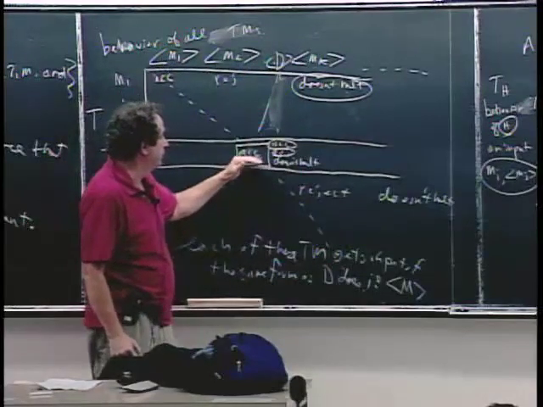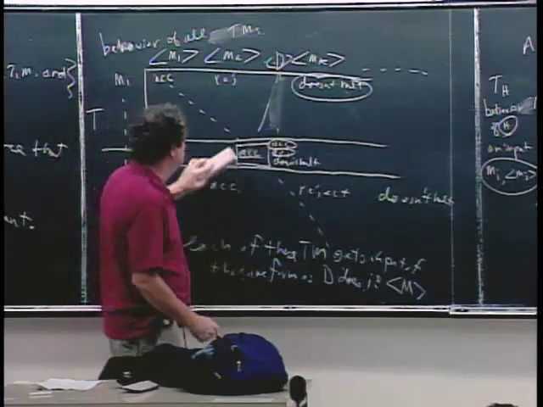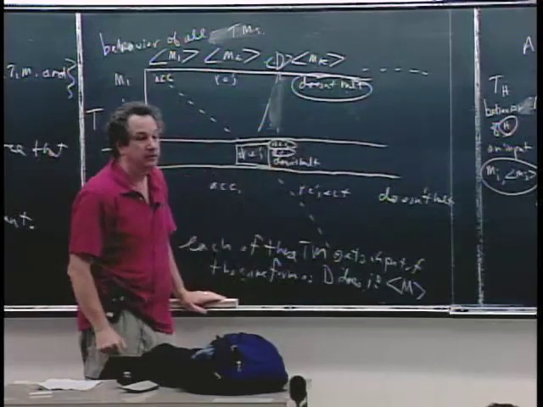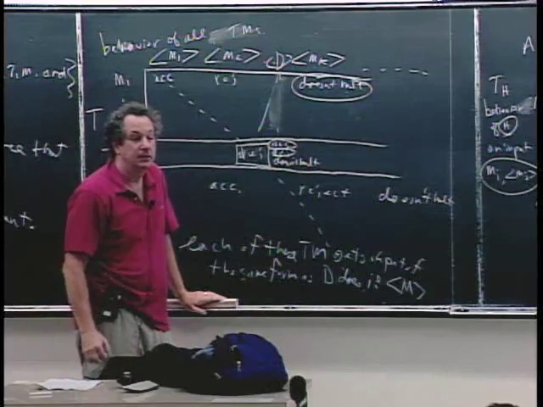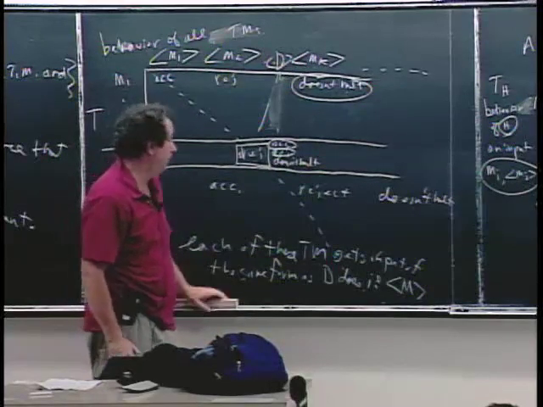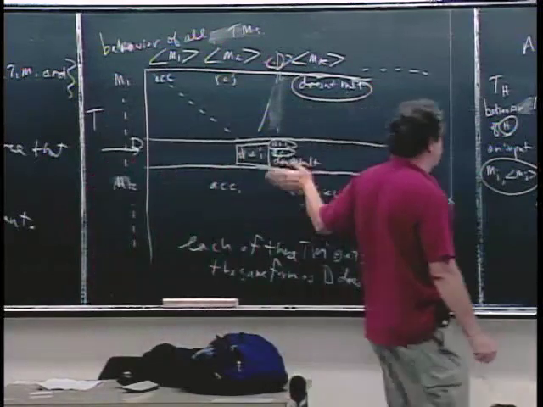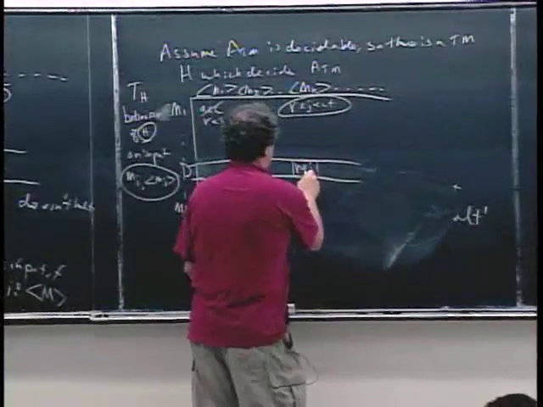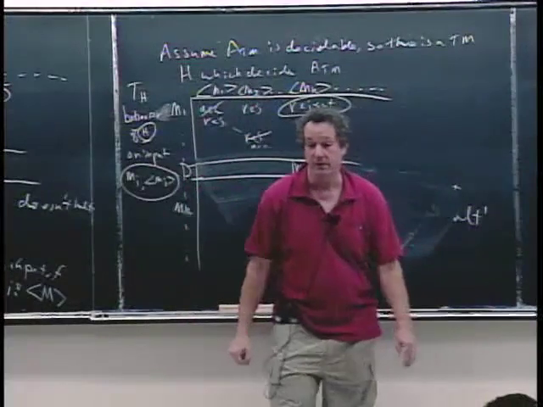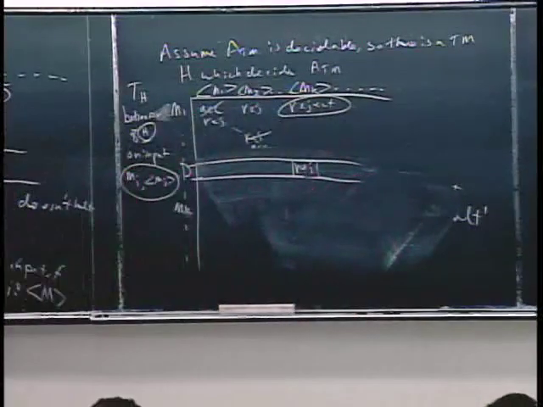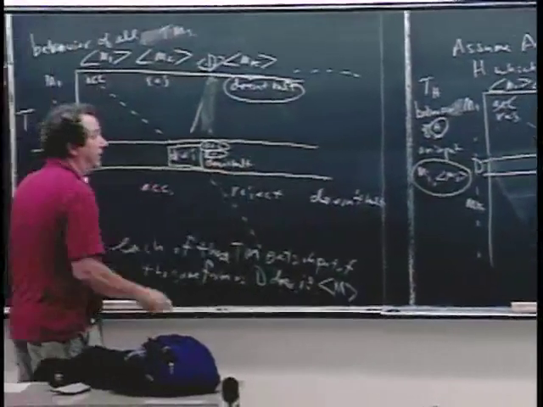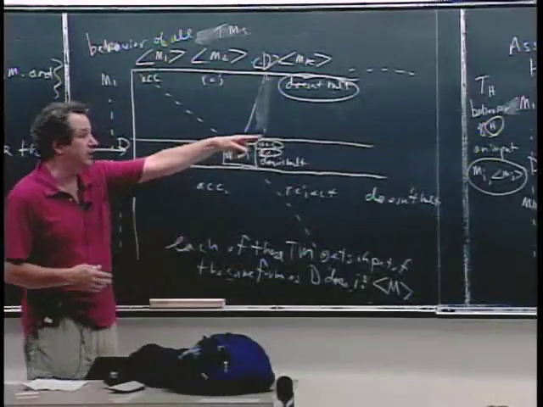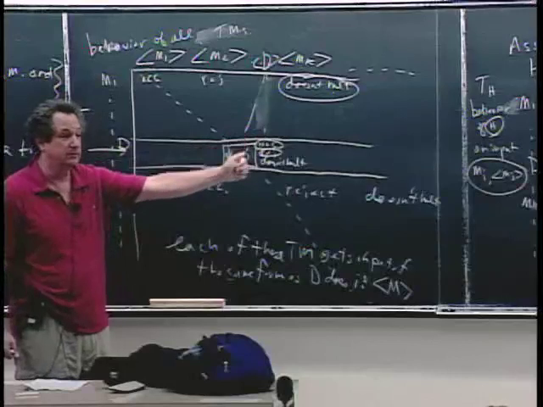So if this is a reject here, then what is it over there? Well, yeah, because this becomes a reject. This is a reject, so this becomes a reject. And so this becomes an accept over there. So in that case, again, you can see that this row, which I claimed is the description of the behaviors of D, is not the same as what D is supposed to be.